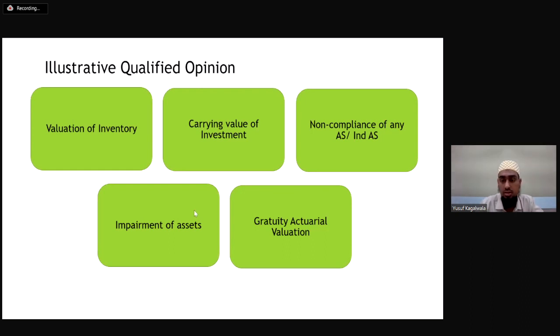We have guidance from the peers, what assumptions are taken by the various players in the industry, and the assumption taken by the management is not justifiable. Then we can assess and identify whether the impact, if properly taken by the management, would have been material, and if it is material, then it can be qualified.